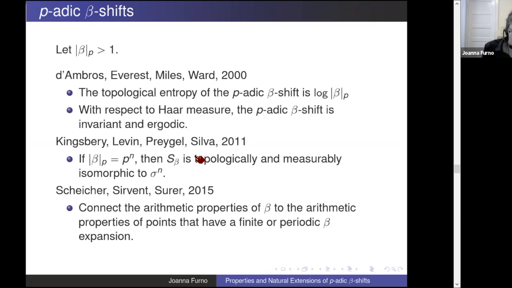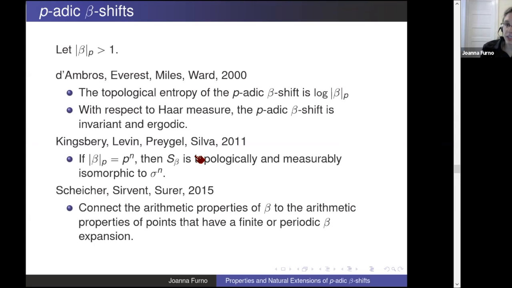And then Scheicher and co-authors in 2015 connect the properties of the beta to the properties of points that have finite or periodic beta expansion. So again, it's well known in the interval case what you need for beta so that your rational numbers have periodic expansions.